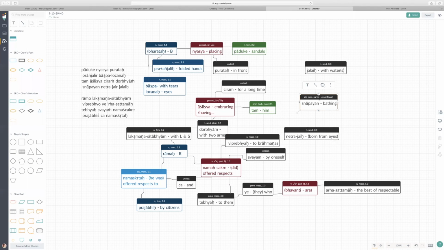Snapayan. Well, since it is a masculine 1-1, it's a description of whom here? Rama. Yeah. Rama. We need to always match the cases. So Rama actually.